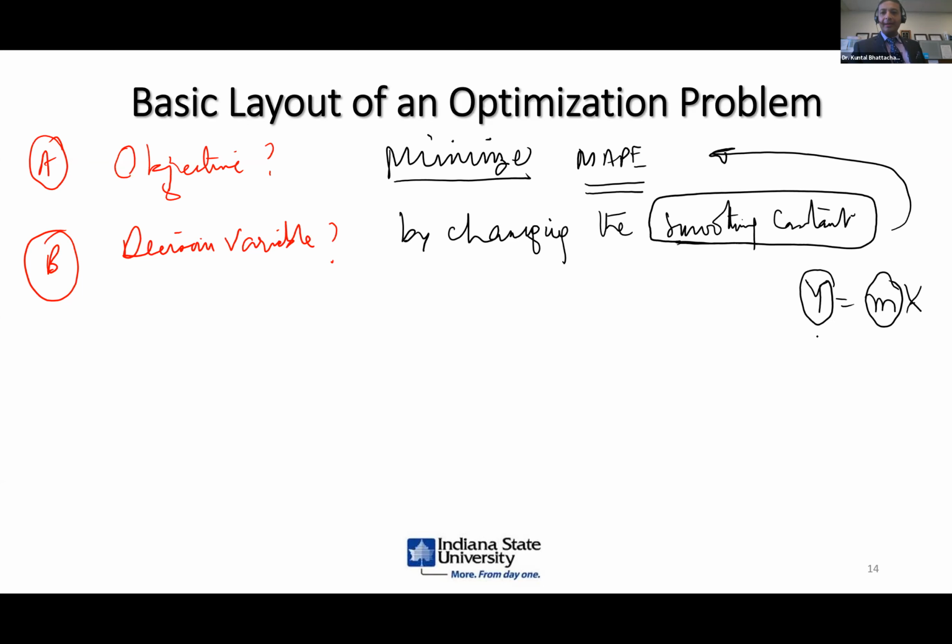This is y that I want to maximize. If I don't tell you anything else, what would you use? You will use as much of a higher value of m as possible. Okay, so if m goes up, y will go up, and so I'll use a value of infinity for m, and then my y will be maximum.